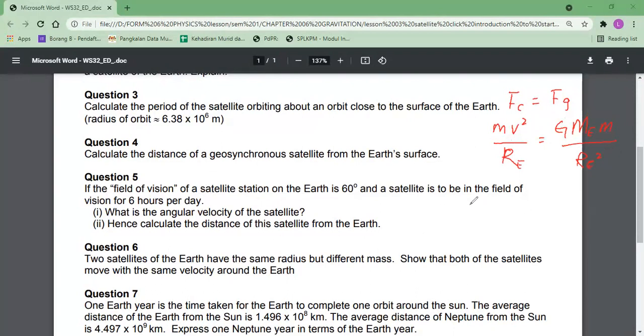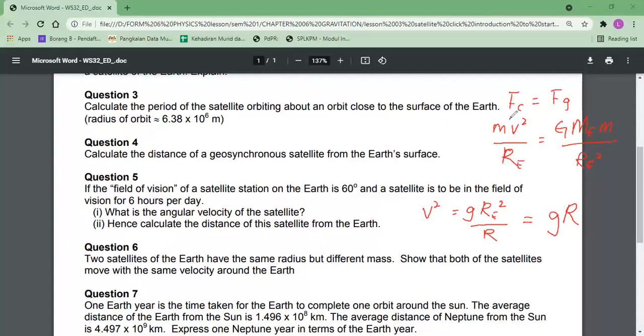Okay, so from here we get that v squared will be equal to G M e m over r squared, so as a result, we get that v squared will be equal to g r.